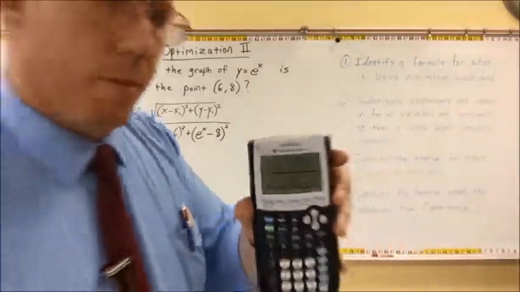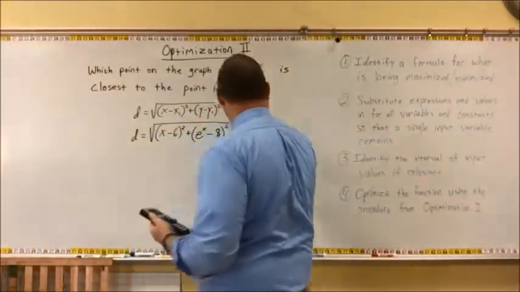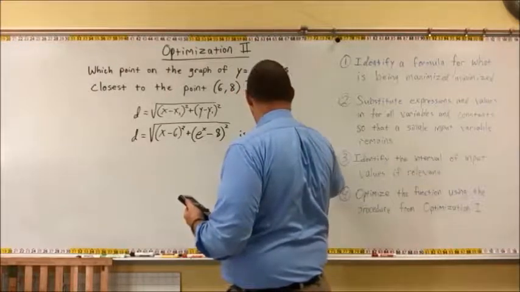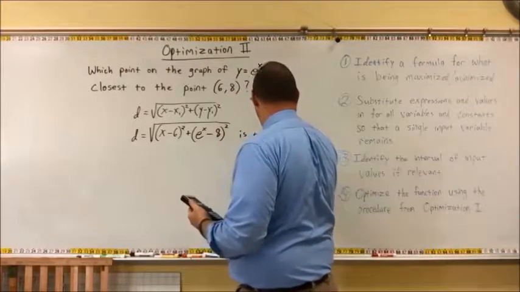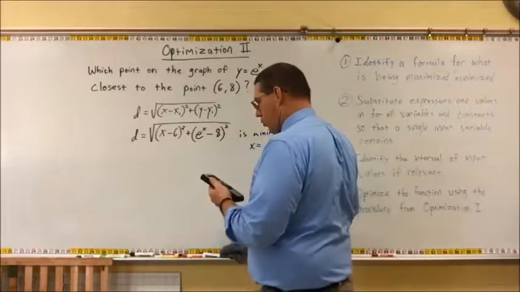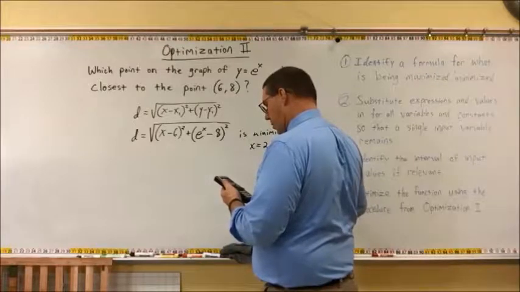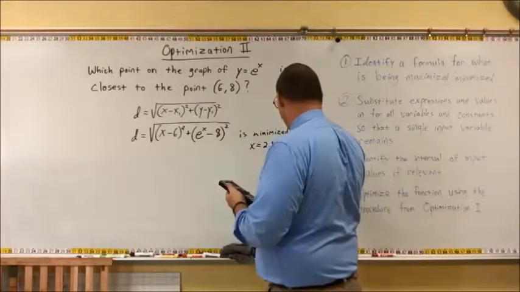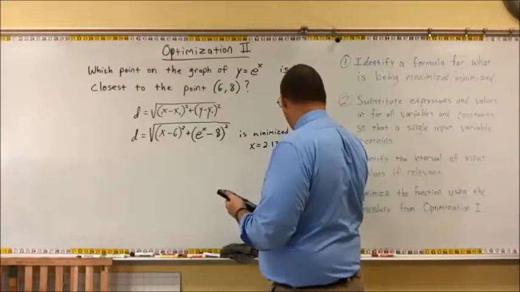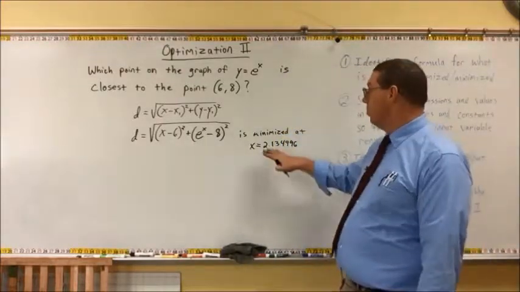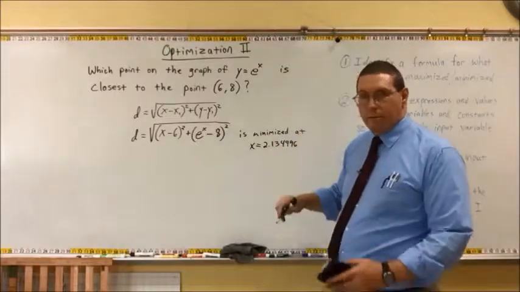2.1349961. Okay? All right, so this is minimized at x equals 2.134996. There we go. So we got the x value. Now we just need to plug the x value into e to the x.